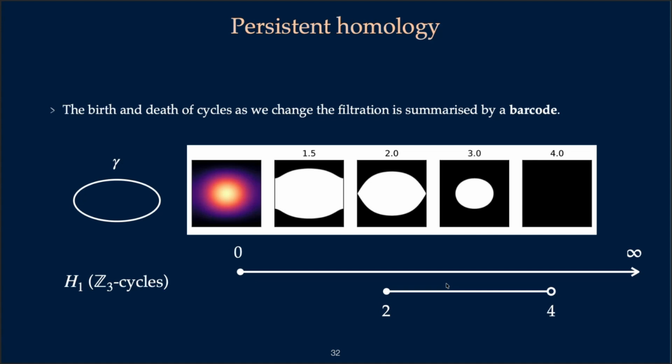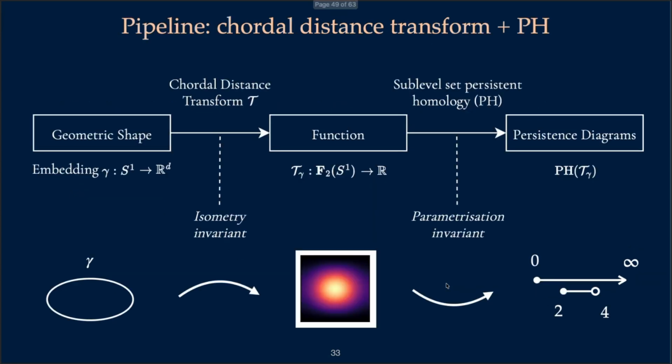Exercise for experts in the audience: if you take things in Z mod 2 coefficients, because it's a Möbius band, it's not the same picture. Also for experts, this is a nice property, because if we use Z mod 3 coefficients, none of the infinite bars carry meaningful information, and we can just look at finite bars, which makes vectorization a lot easier. But that's an aside.